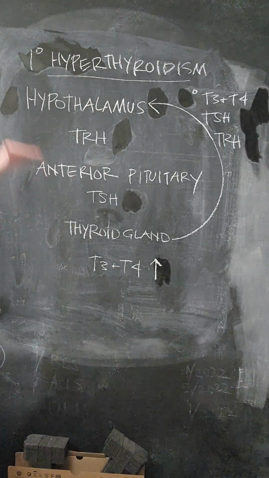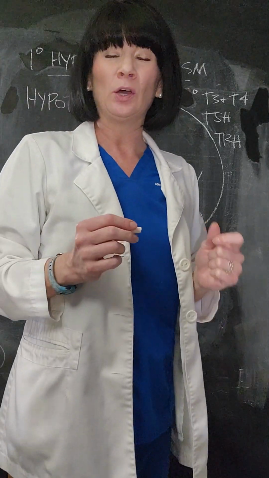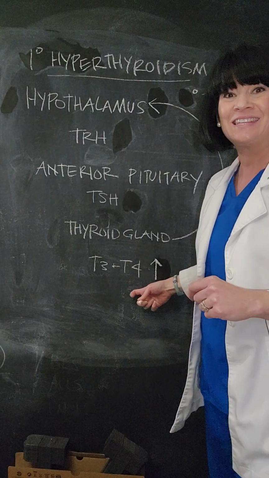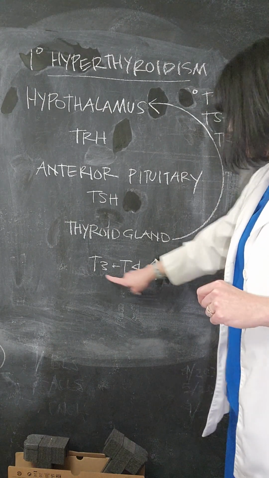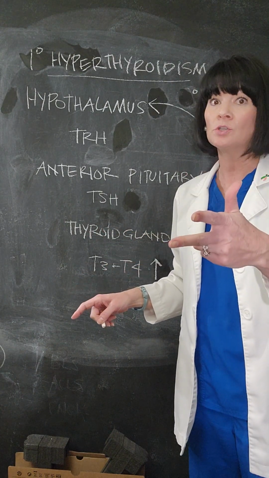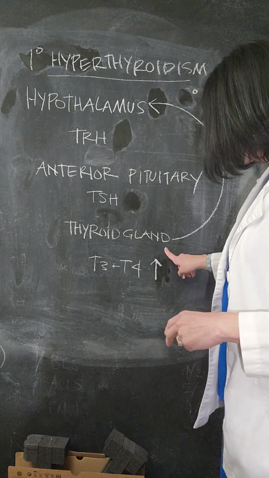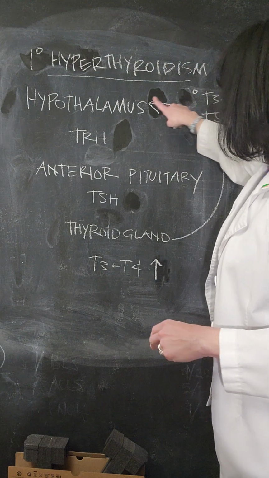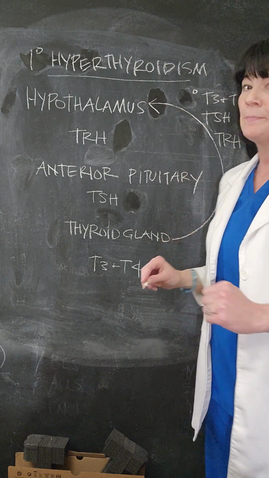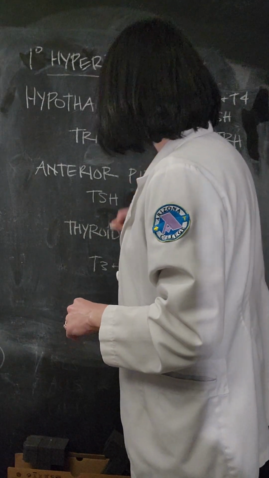Okay, so now let's talk about primary hyperthyroidism. Now we're talking about an overproduction of T3 and T4. Again, in any hyperthyroidism, primary, secondary, or tertiary, T3 and T4 will always be increased. The negative feedback system kicks back up to the hypothalamus that says, hey, release less thyroid releasing hormone.